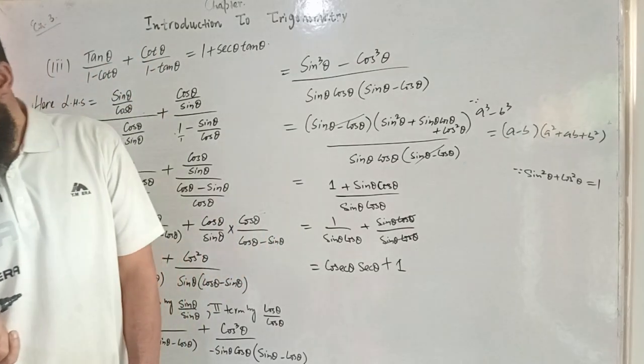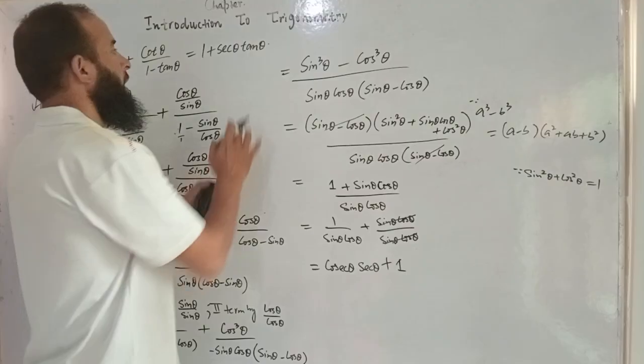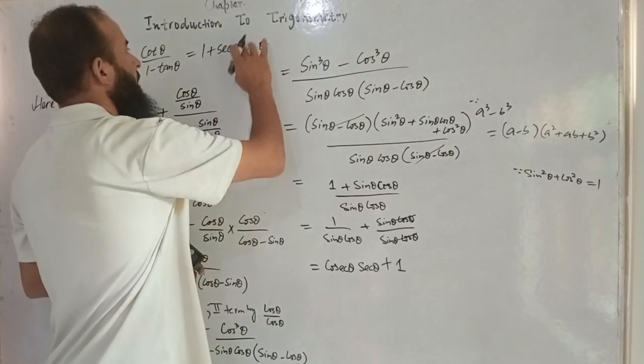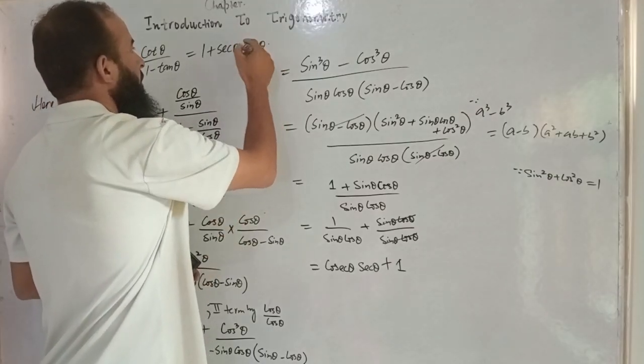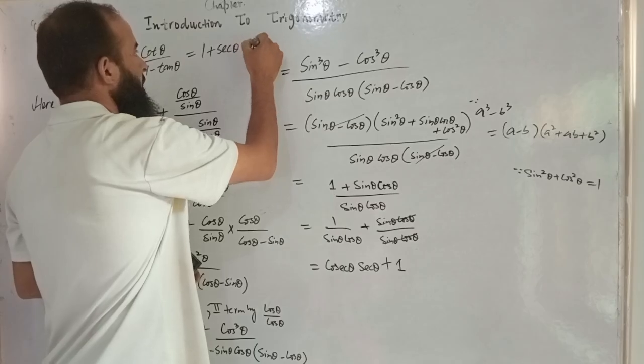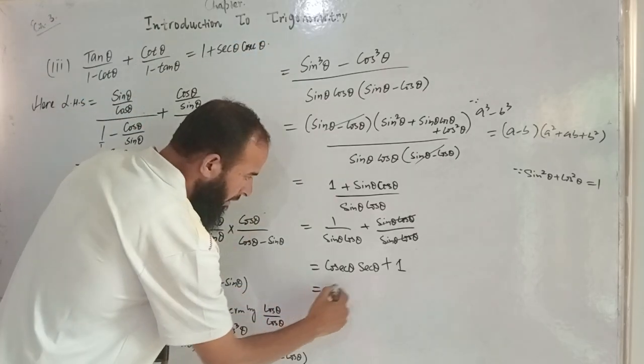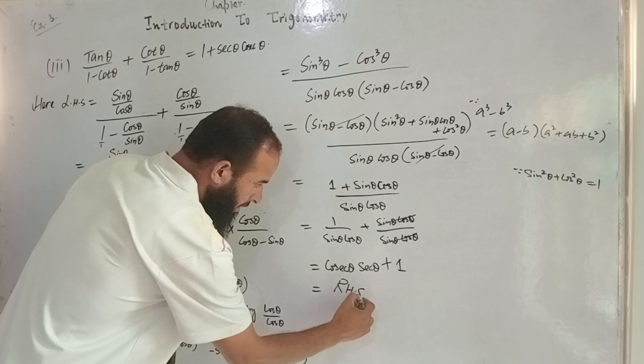Is it sec theta cosec theta? I have written the RHS wrong. It is sec theta cosec theta, and that is our RHS.